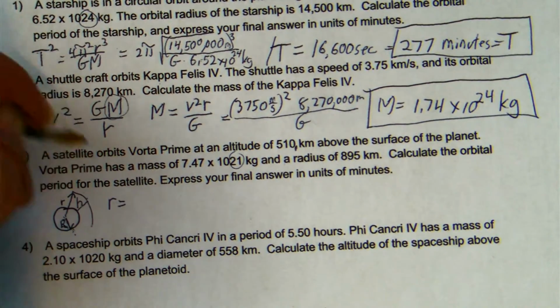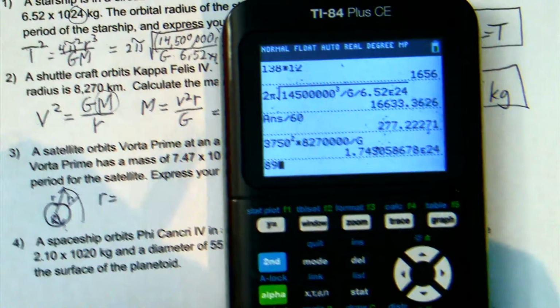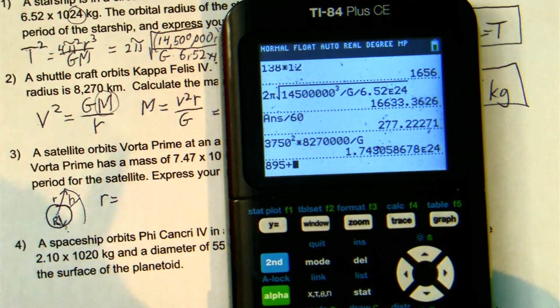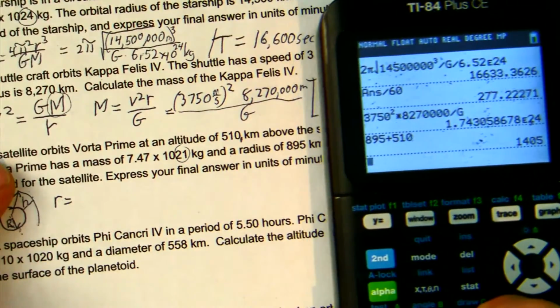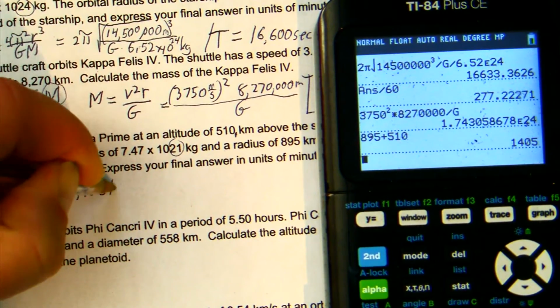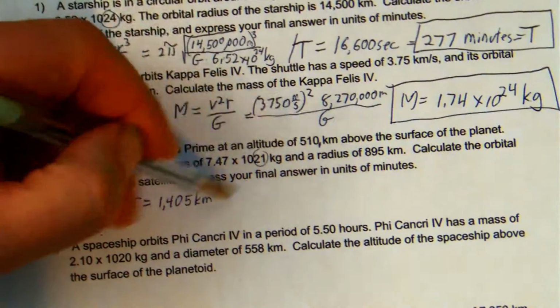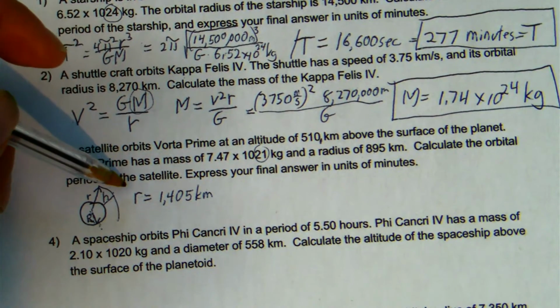So in this situation, the orbital radius is going to be 895 kilometers plus an additional 510 kilometers, meaning the orbital radius is 1,405 kilometers, and I'll leave it to the nearest kilometer for now.